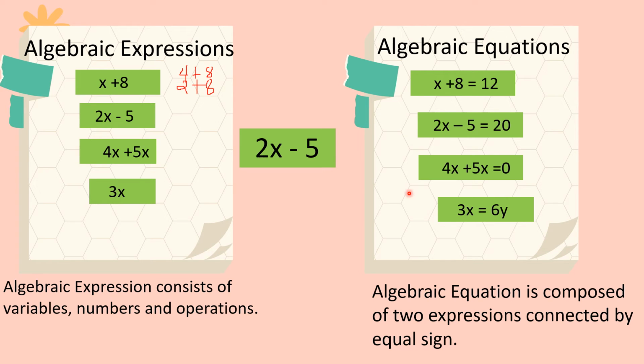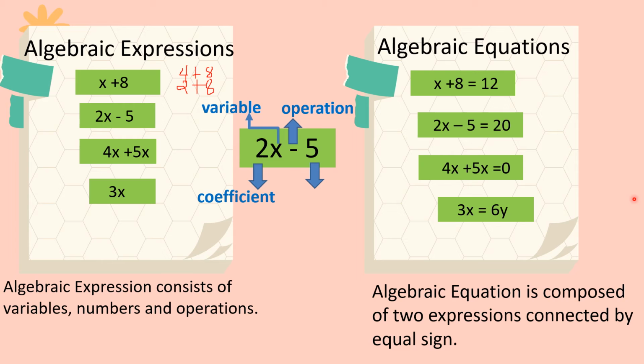Okay, now here, this is an example of an algebraic expression. And the number 2 in the algebraic expression here, look at this one, that's the number beside x, or the number multiplied to x. This is what we call the coefficient. And the letter x is what we call the variable. And, of course, the operation is subtraction.